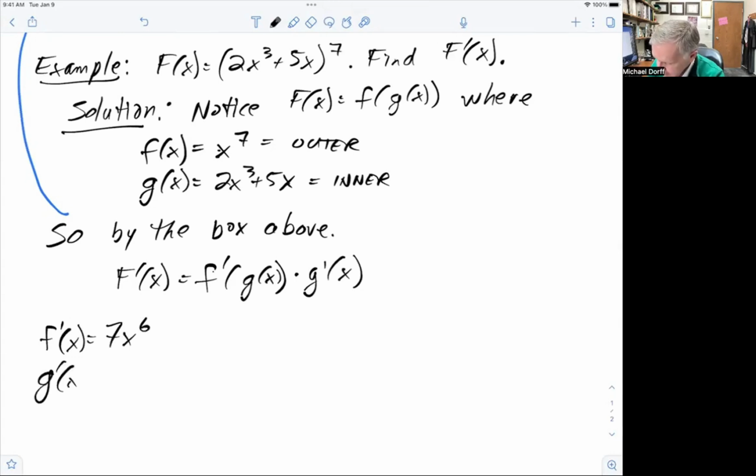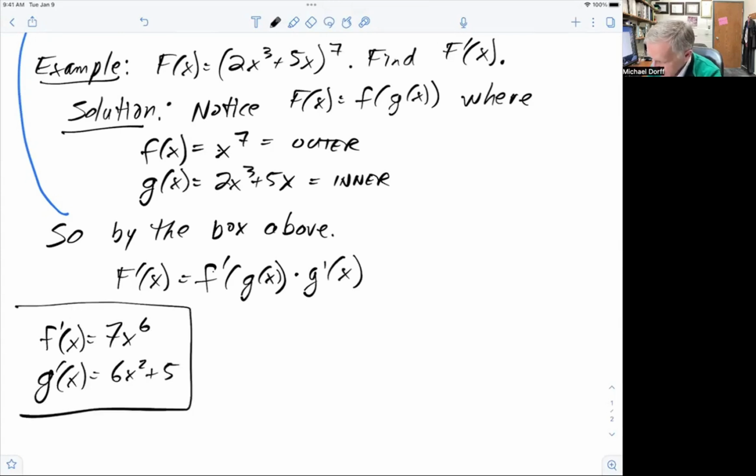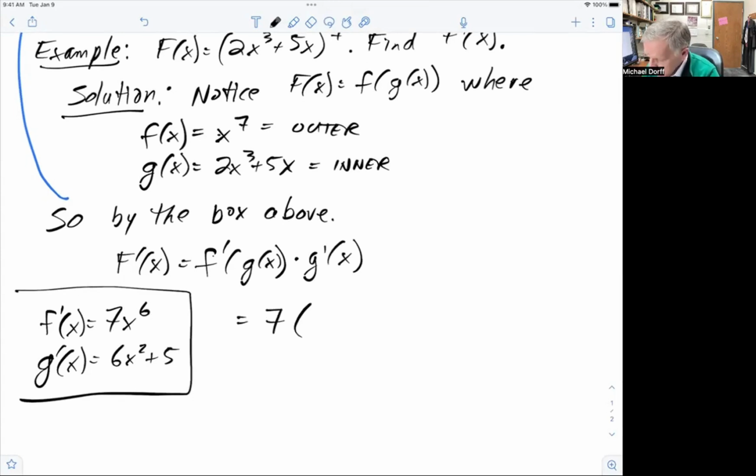The derivative of little g is going to be 6x squared plus 5. Use that fact. So the derivative of capital F is going to be 7 parentheses to the sixth times the derivative of little g, which was 6x squared plus 5.